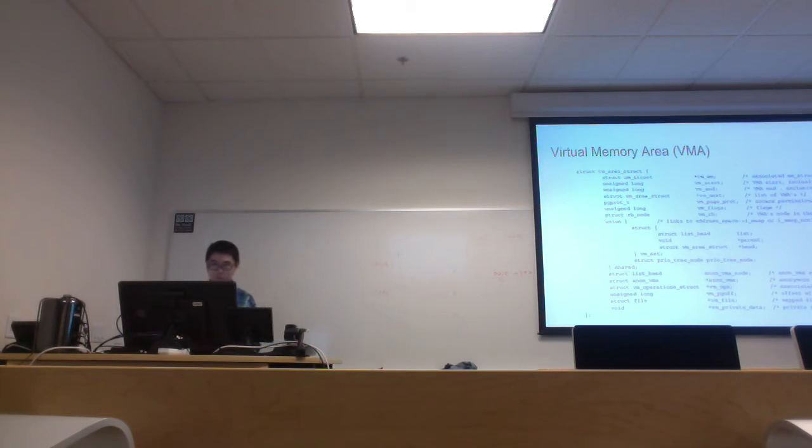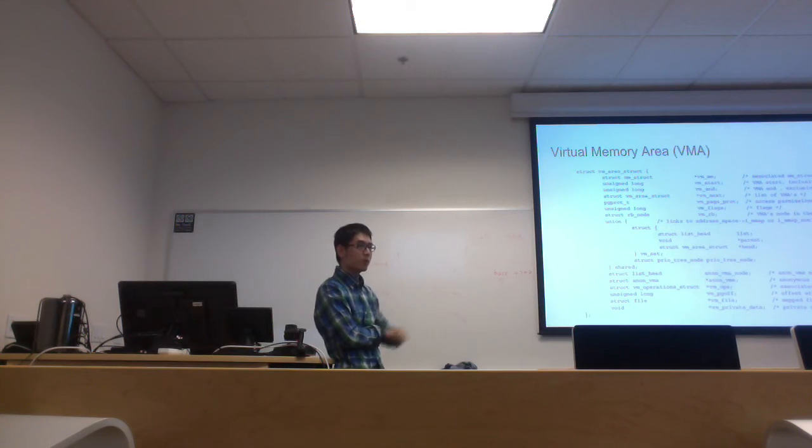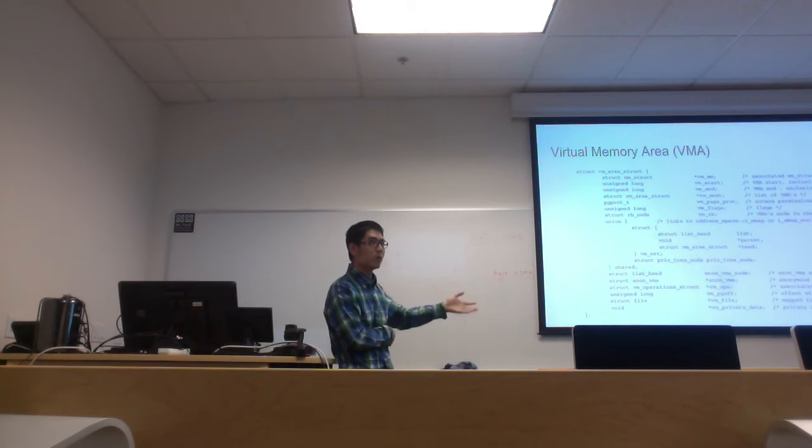Okay, for virtual memory areas, that's basically it. So how is this access permission implemented? If the kernel says you're not allowed to read or write this piece of code, the program can still read or write using assembly instructions.